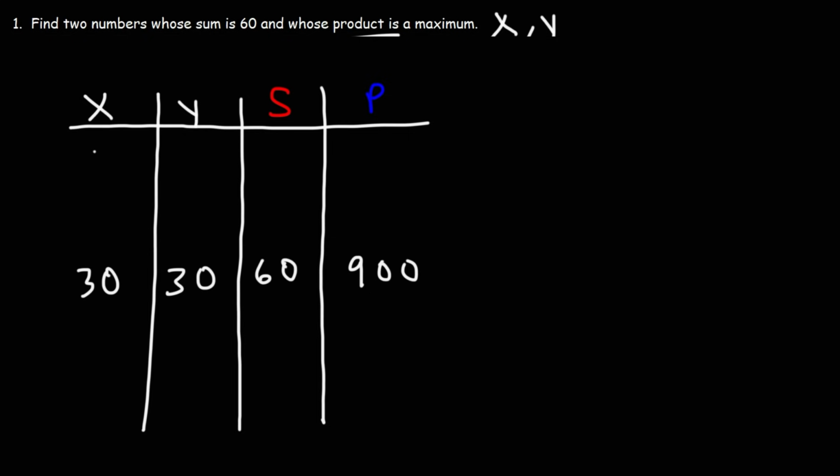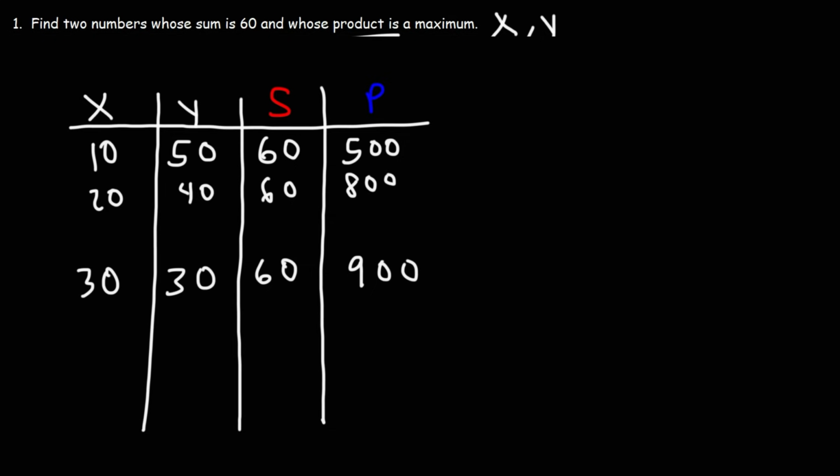What if x was 10 and y was 50? In this case, the sum is still 60, which always has to be the case. 10 times 50 is 500, so this is not more than 900. If x was 20, y would have to be 40. The sum would still be 60, but 20 times 40 is 800. Now let's say if y was 23, x would have to be 37.